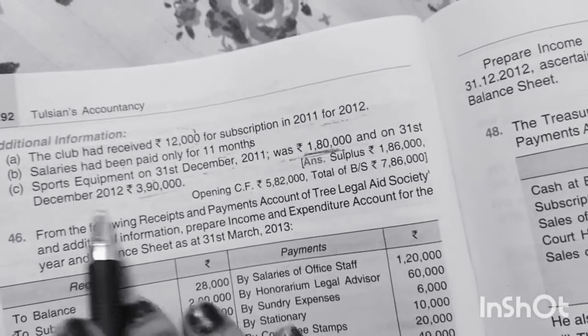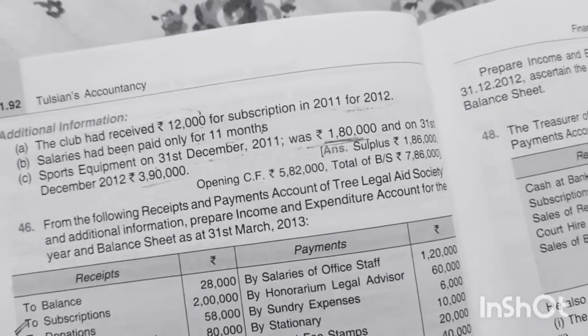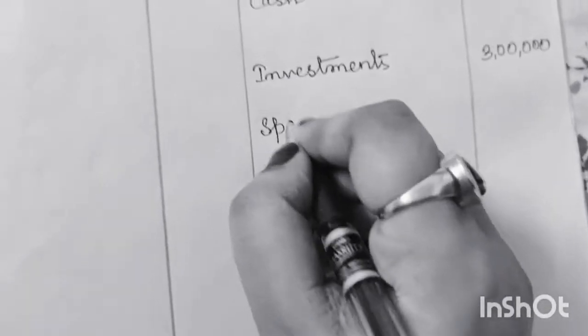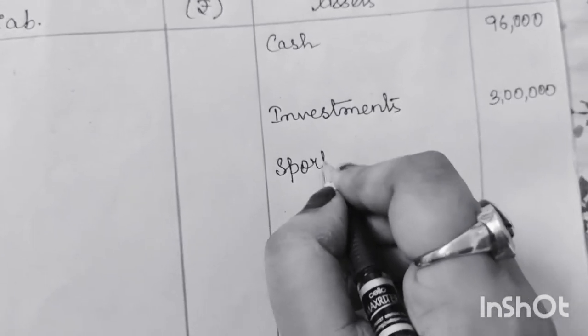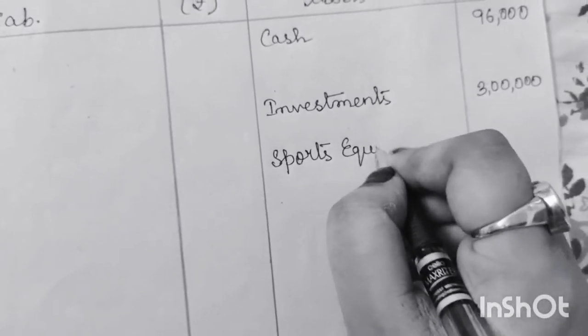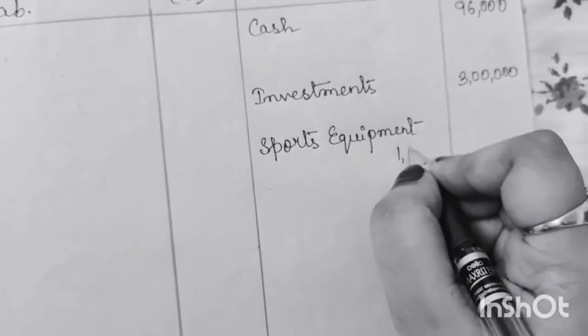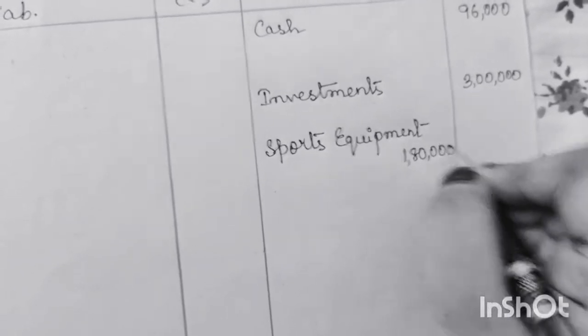Now, on 31st December 2012, the value was 3,90,000. In the opening we had sports equipment. In the closing balance sheet we will continue with sports equipment. 1,80,000 we had in the opening.